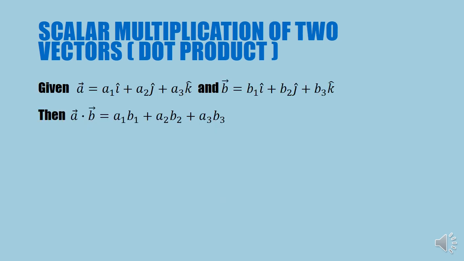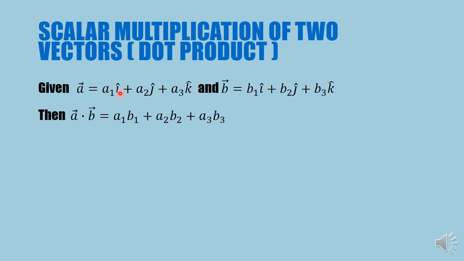Okay, to find a dot product of two factors, there are other ways than using the formula in the previous slide. Okay, let's just say that I have factor A, whose components are A1, A2, and A3 in the I, J, and K directions. Factor B has components B1, B2, and B3 in the I, J, K directions. So the dot product of these two factors, A dot B, is just you multiply the scalar number of each component.